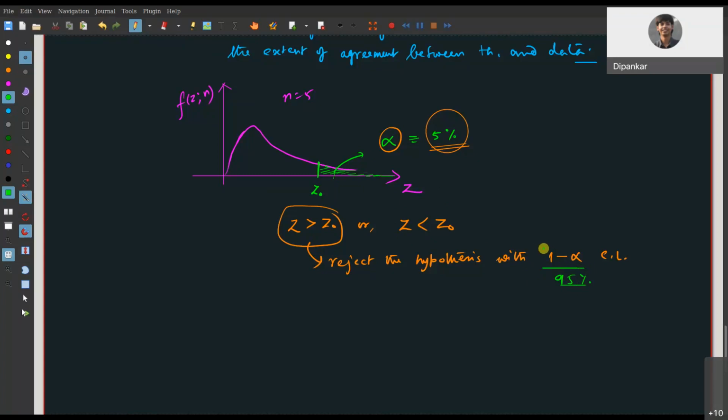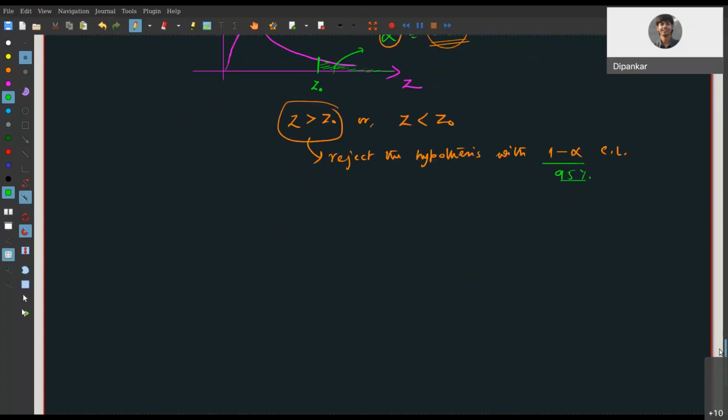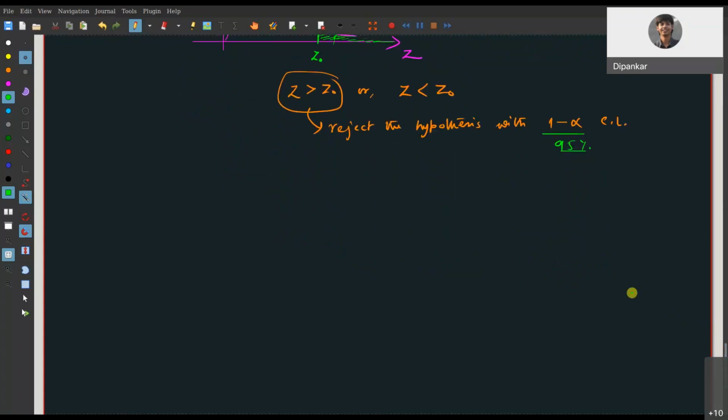Now let us go back to the example that I was giving in the first class. Suppose you wanted to buy an ice cream parlor and the previous owner gave you this data, the weekly distribution: Monday, Tuesday, Wednesday, Thursday, Friday, Saturday, and Sunday.